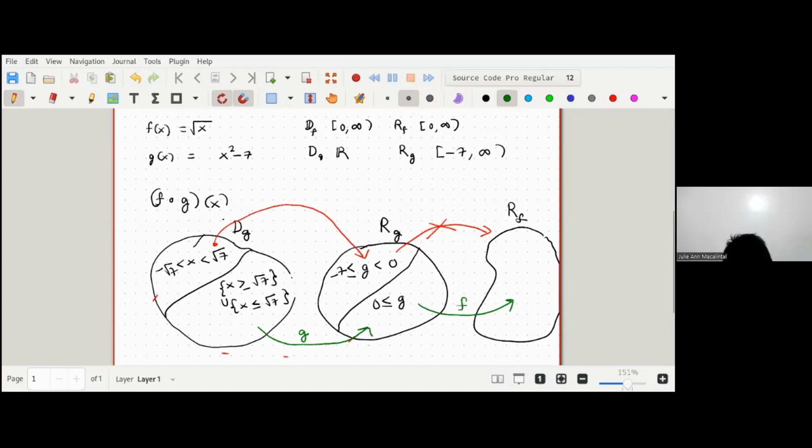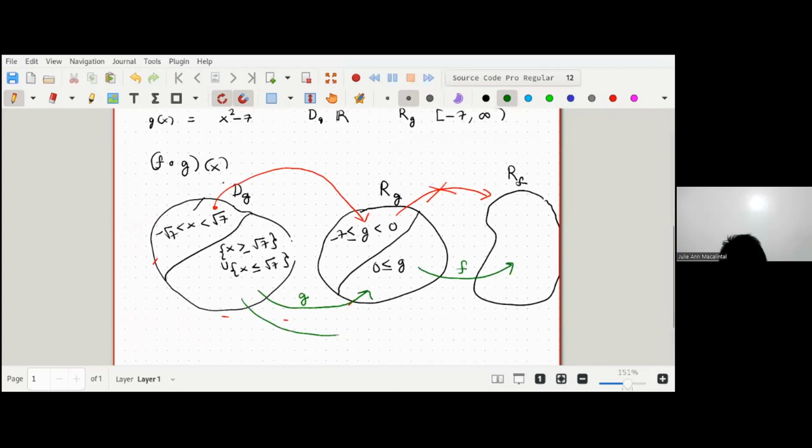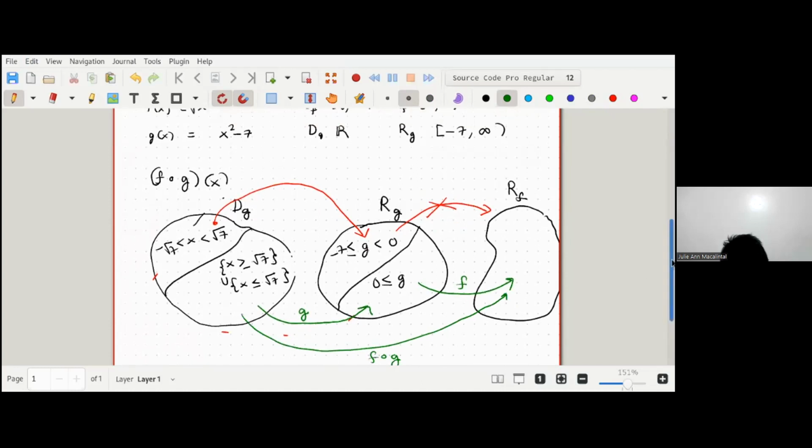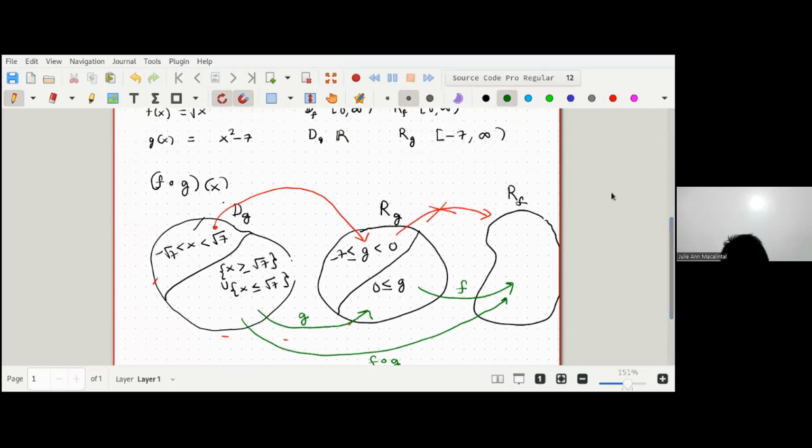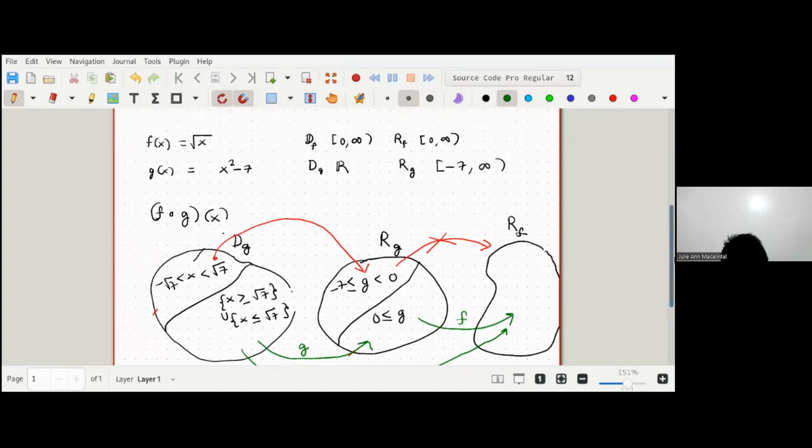This is the map f. And the whole thing, yung one big jump to the same point, is f circle g.